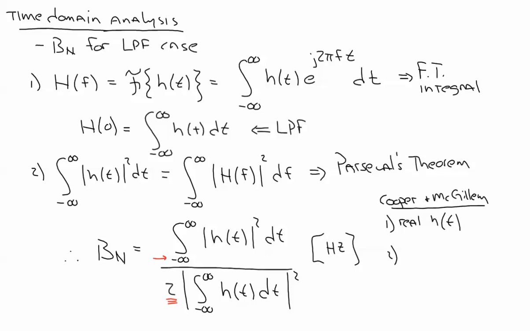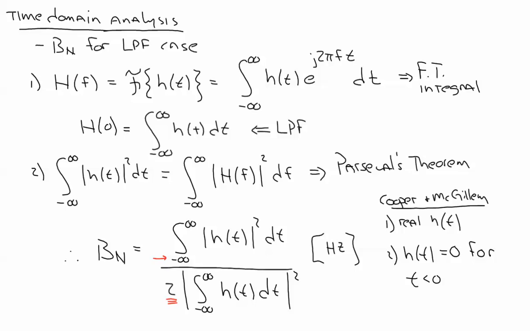And second, they assume that h of t is equal to 0 for time less than 0. In some cases, these two assumptions are not necessarily incorrect. My relationship here on the bottom of the page is a little more general than Cooper and McGillem's relationship. Cooper and McGillem's relationship applies in certain cases, and we're going to do an example now where Cooper and McGillem's equation would apply.